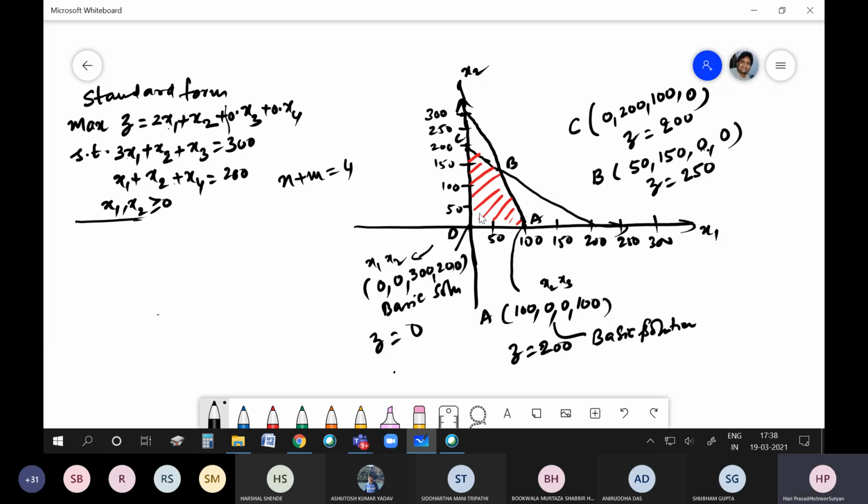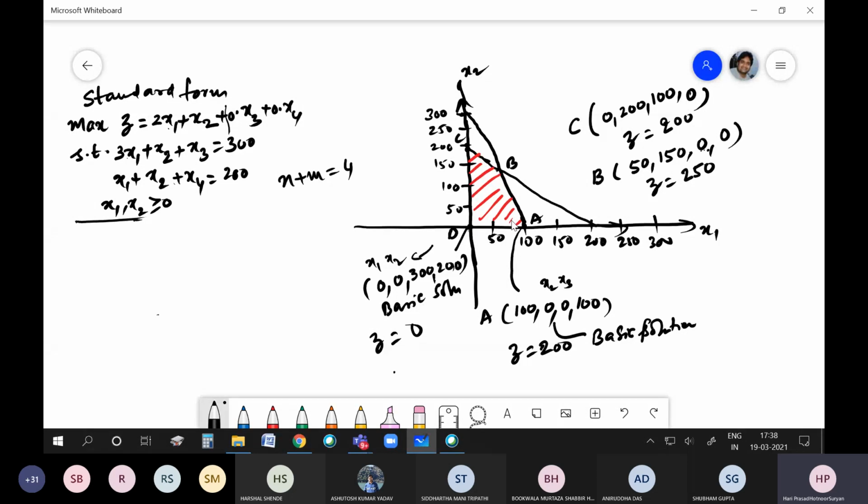So if you see here, when we solve a linear programming problem, we have to move from one basic feasible solution to the other basic solution. That means we have to move from one corner to the other corner of the feasible region. There is no point in searching within this feasible region. You have to check only at the corners and the boundaries.